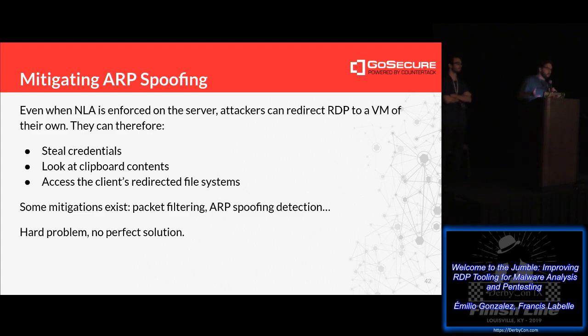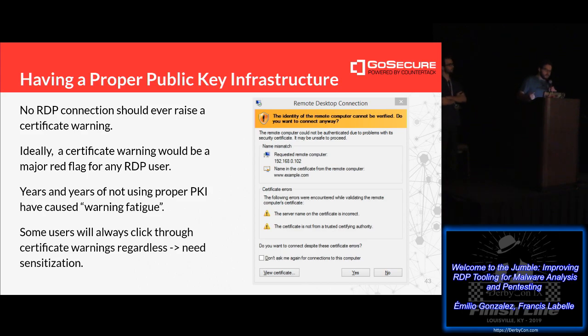Another possible thought would be to mitigate ARP spoofing. Obviously, it's not that simple because it's a complex protocol and I think it's broken. But you can still use some non-perfect solutions to at least mitigate part of the damage. If you're only catching 20%, that's at least better than catching 0%.